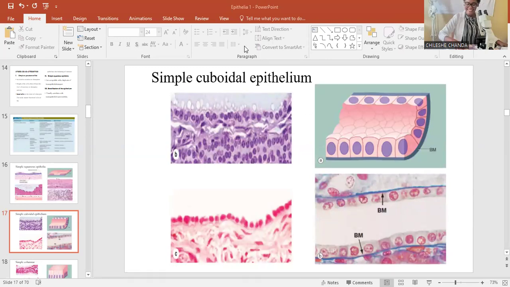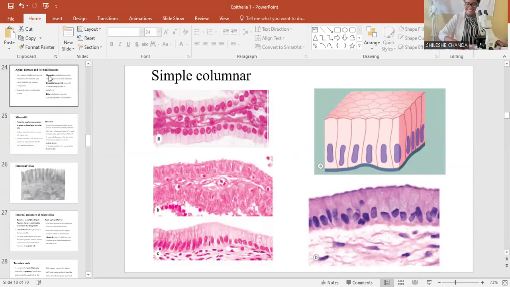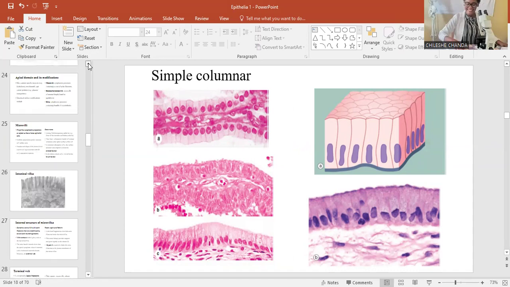So these apical cell specializations or cell modifications are one of the characteristics of epithelial tissue, where you're going to find different things on the apical domain of the cell.